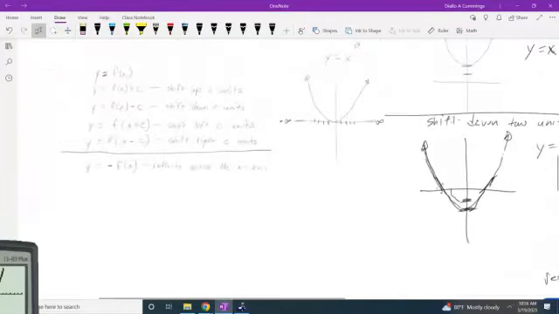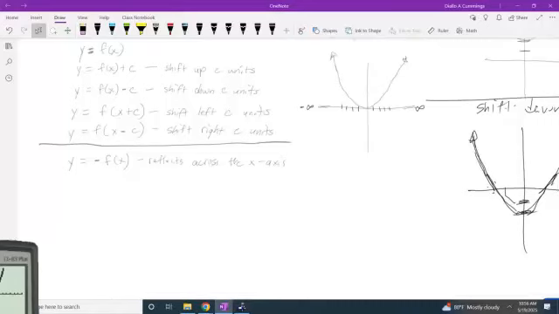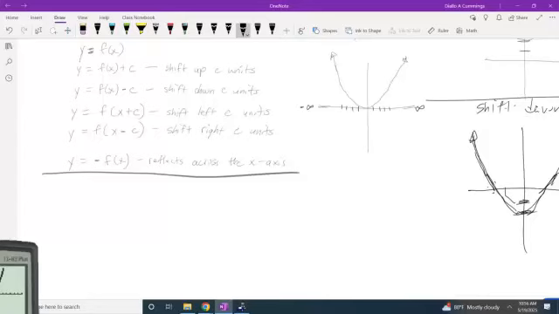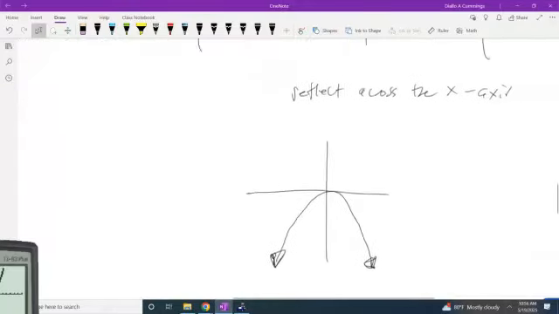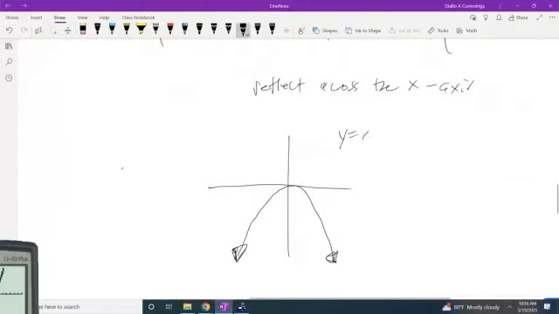When we go back to the model forms, to reflect the graph across the x-axis, that's this last one. And it simply says that you take whatever your function is and you multiply by negative. So our function is x squared, y is equal to x squared. So we multiply this by a negative, we have y is equal to negative x squared.